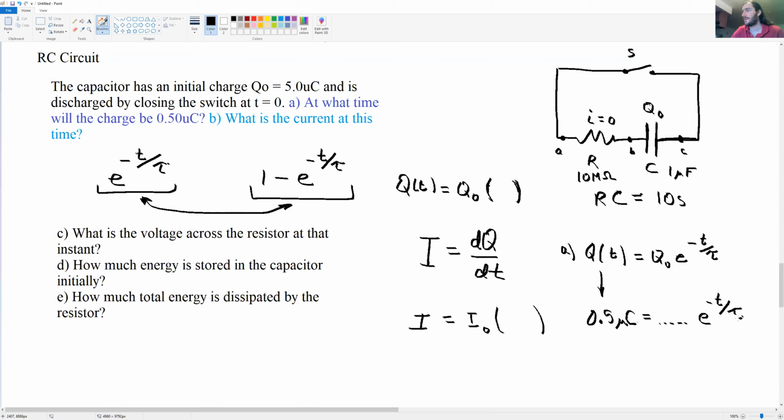And then you can go about solving this. Divide the initial charge over, right? The problem is set up so that that ratio is going to be 1/10, e to the minus t over tau.